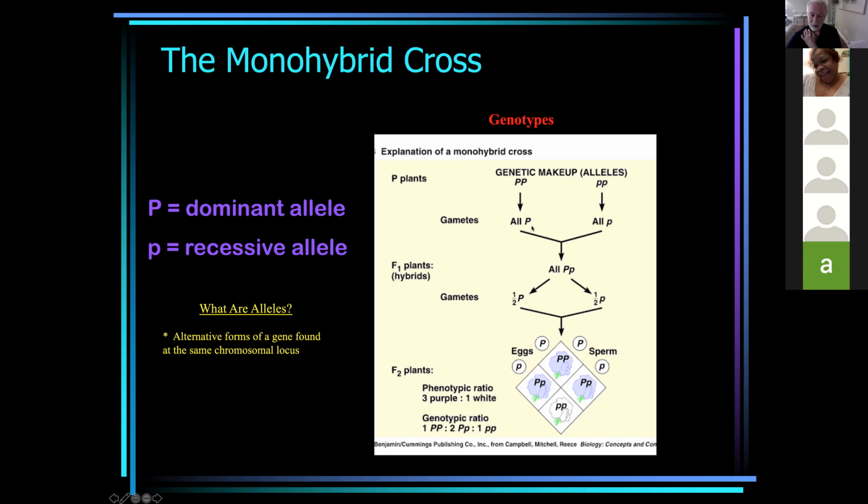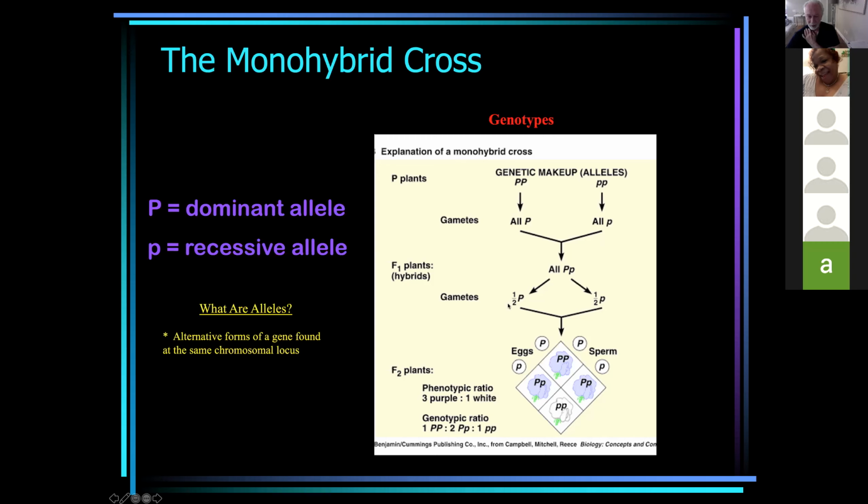So if you cross a big P and a little p, there's only one possibility, and that is a big P, little p progeny. And that is the F1. So the F1 is heterozygous, it's all purple, but the gametes that the F1 can make, half will be big P and half will be little p.